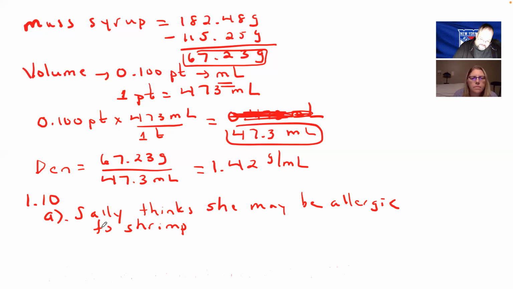So for letter A, I'm thinking a hypothesis. Something has happened to Sally that is making her think she may be allergic to shrimp. She's not sure. That's why the term think is important, because she's not 100% sure, but she's thinking she might be. That signifies a hypothesis, so that would be my selection for letter A.